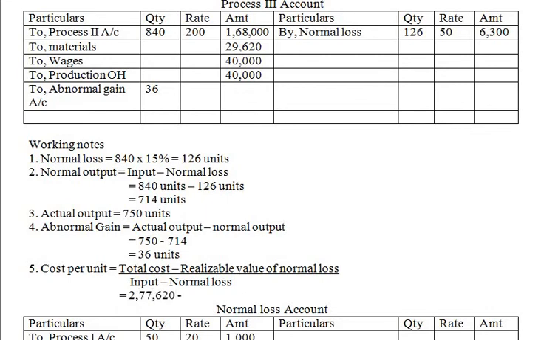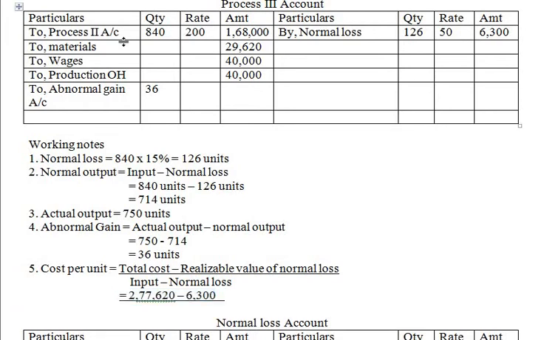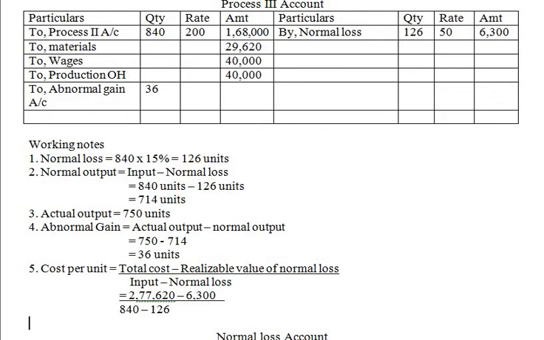2,77,620 minus realizable value of normal loss is 6,300. 6,300 divided by input is 840 units. 840 units minus normal loss is 126 units, right?